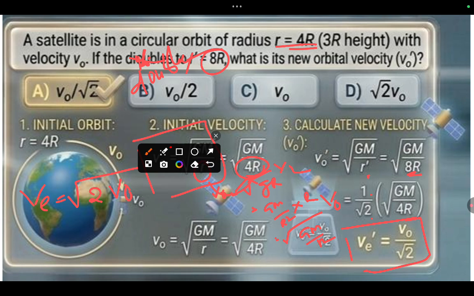We got 1 by root 2 root of GM by 4R. Now we replace here. So under root of GM by 4R is what? That is our question. Okay, there is some mistake in the answer.